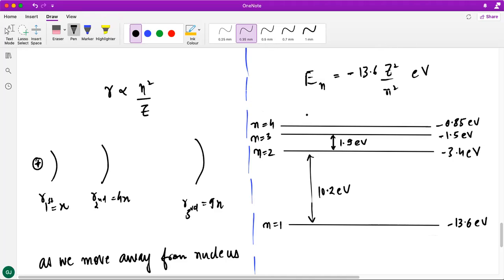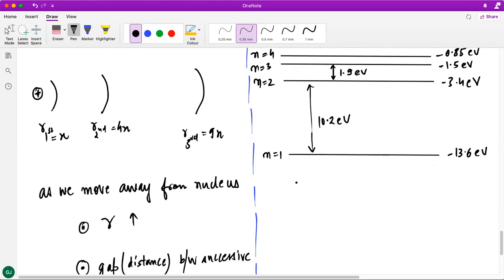So the gap further decreases, and similarly you can say that as n approaches infinity, this approaches 0 eV. Right.